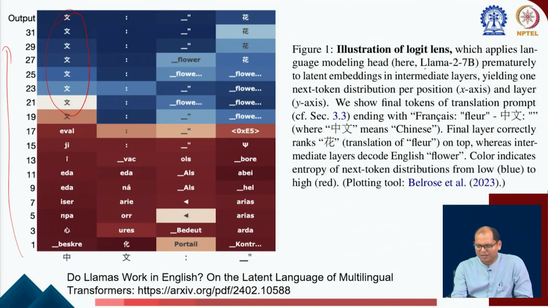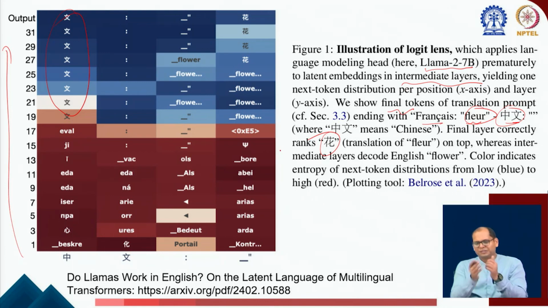The model used was Llama 2, 7 billion. You apply logit lens to any intermediate layer, you get the next word distribution, and you show the top one output per layer. Now what was the task, what was the input here? They were doing word translation, using in-context examples. They say, okay, this is the French word, and then you have the corresponding Chinese word.